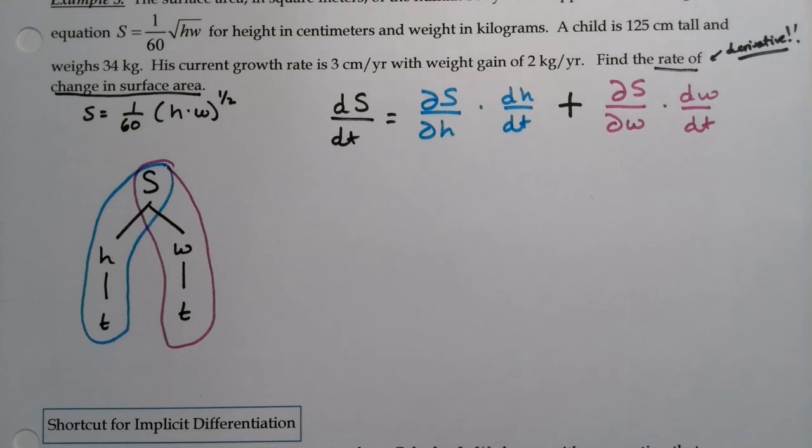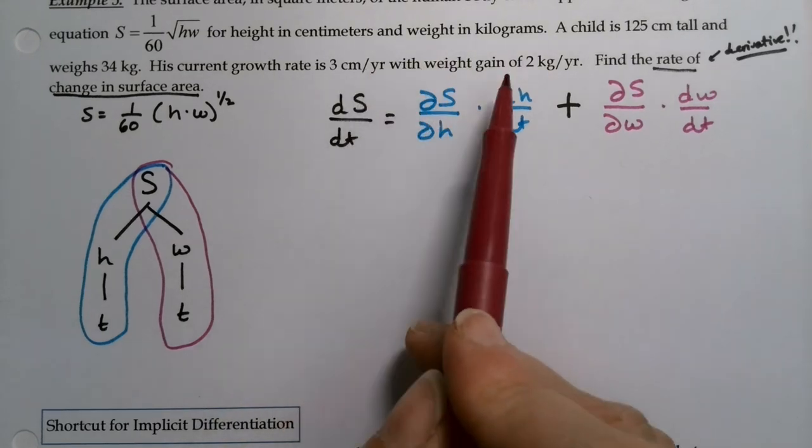And I can tell t is my variable because, of course, it's per year.